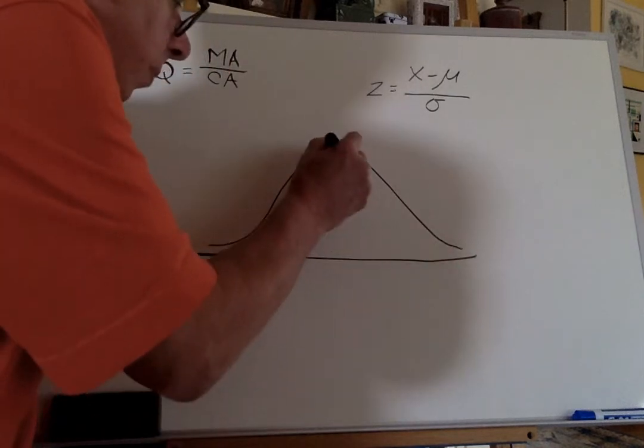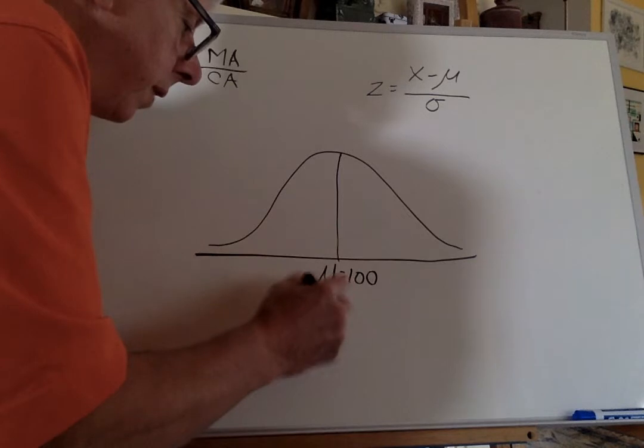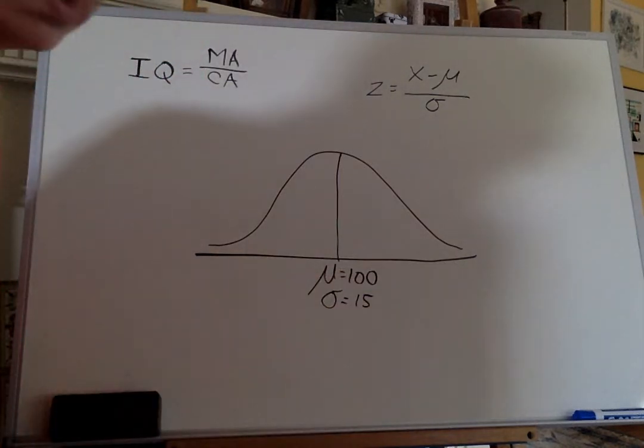So here are the parameters. We have the mean is 100. Standard deviation is 15. Let me ask you this question. What percentage of the population would we expect to see have an IQ score below 95, let's say, okay?